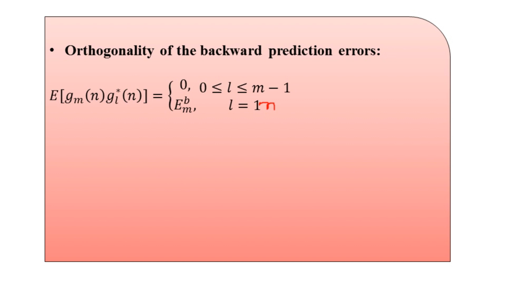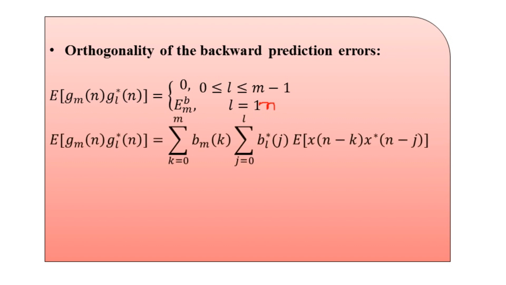So this property is easily proved just by the substitution of the errors we have denoted g suffix m of n and the corresponding conjugate g suffix L of n, into the earlier expressions that we have seen here. Now we have capital E of g suffix m of n into the conjugate g suffix L of n here.